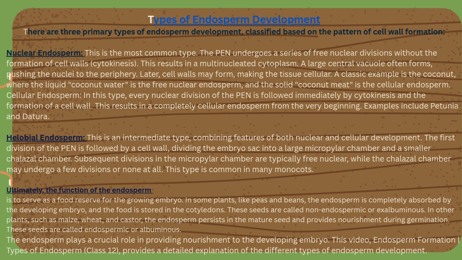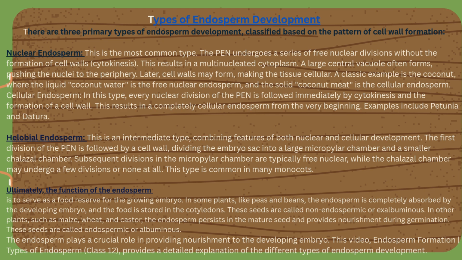Now, cellular endosperm. In this type, every nuclear division of the primary endosperm nucleus is followed immediately by cytokinesis and the formation of a cell wall. This results in a completely cellular endosperm from the very beginning.